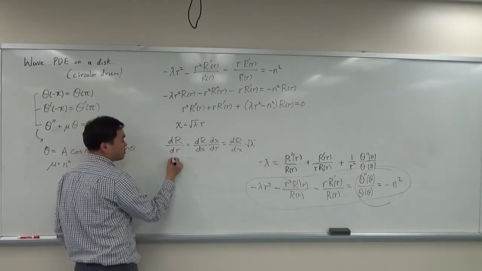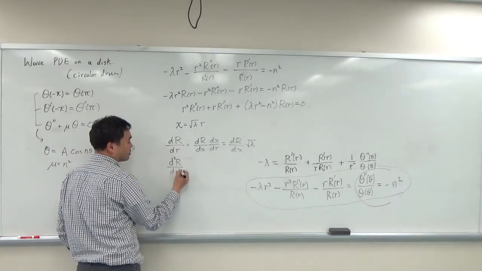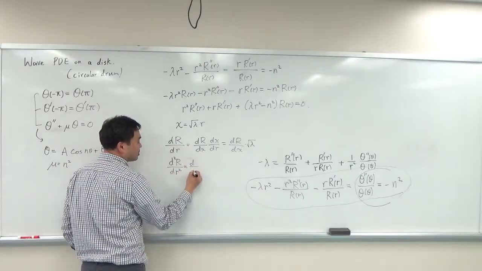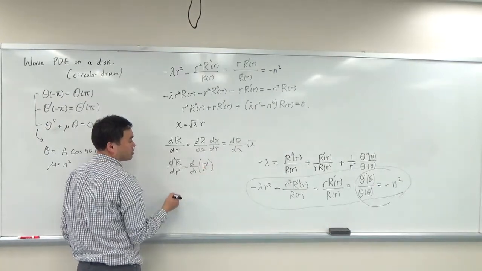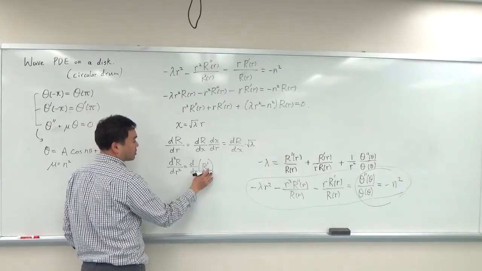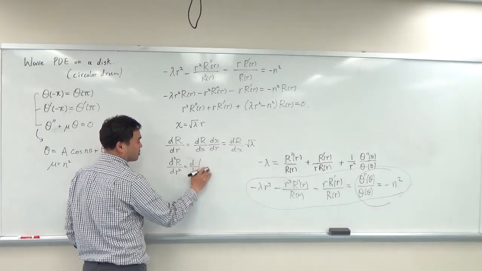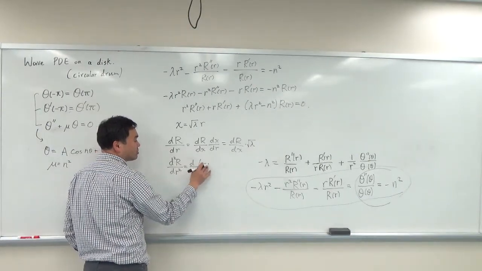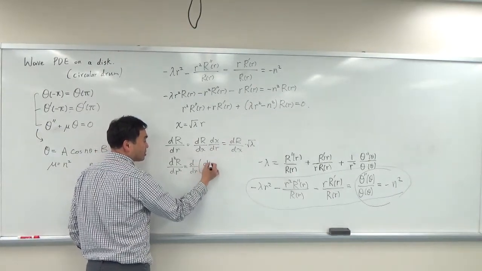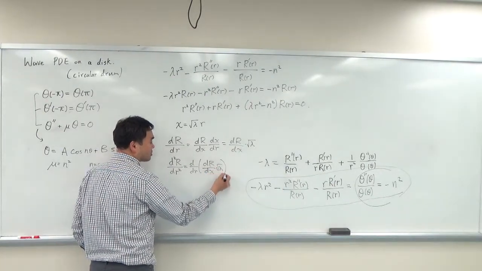And for the same reason, if you take the second derivative, this is like d/dr of r prime. d/dr applied twice, but d/dr once is that one, right? dr/dx is square root of x.